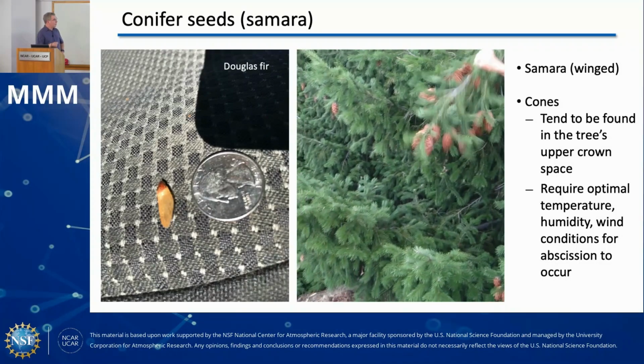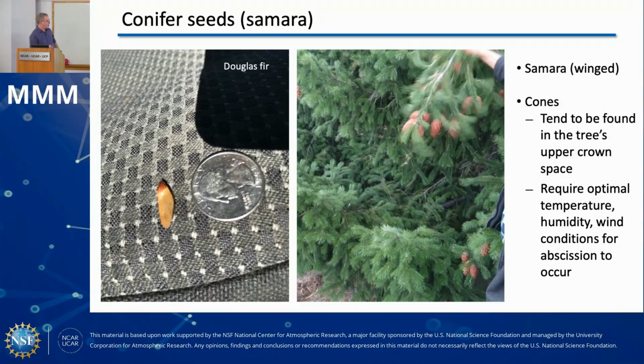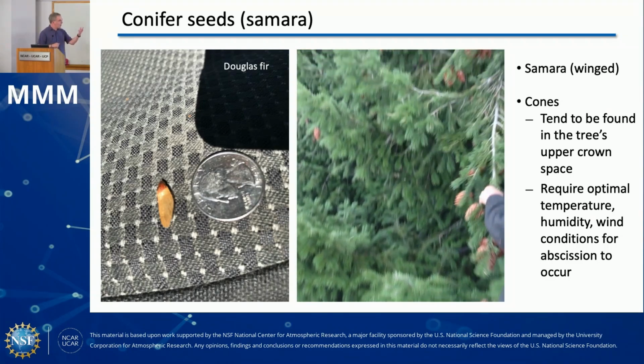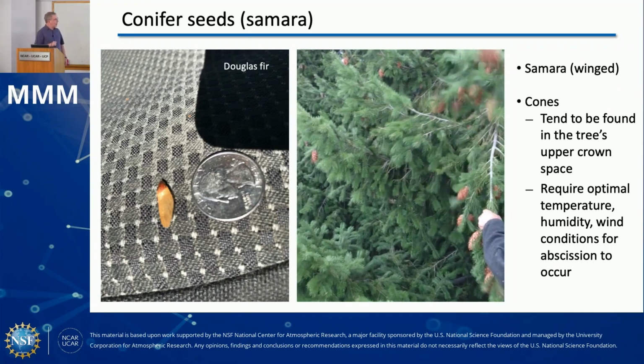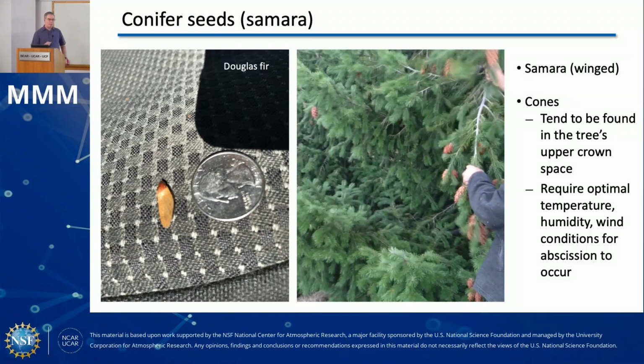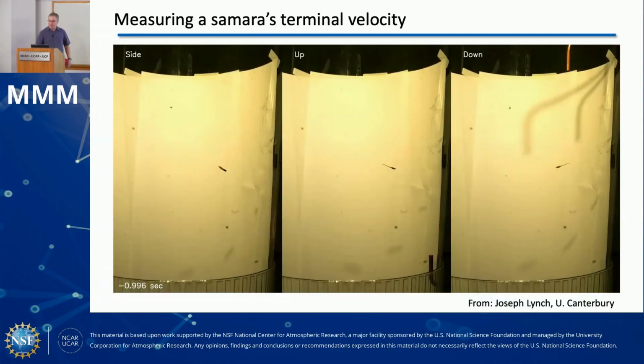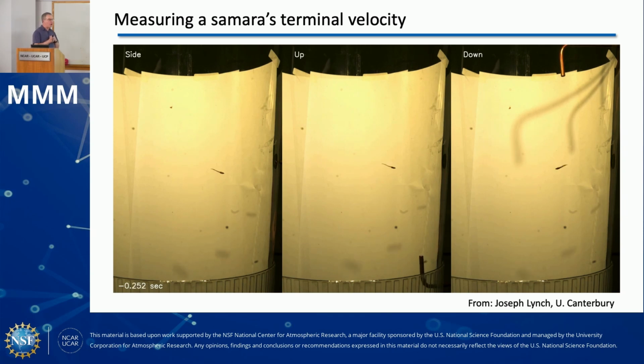All right, so basically this is someone shaking the branch of the tree, and you can see that these winged seeds fall at certain rates, and that's a really important parameter for us when we model them, and this is what I wanted to talk to you about here. So how do you measure the terminal velocity of one of these seeds?